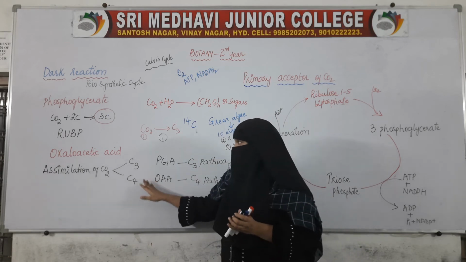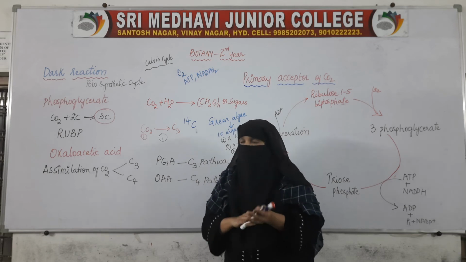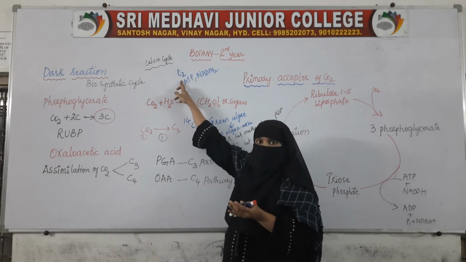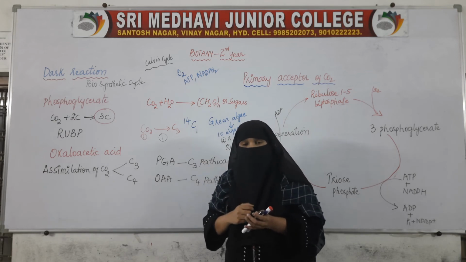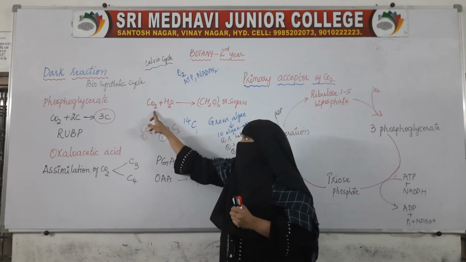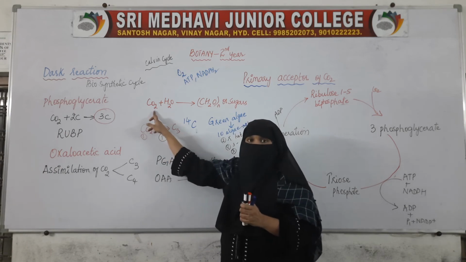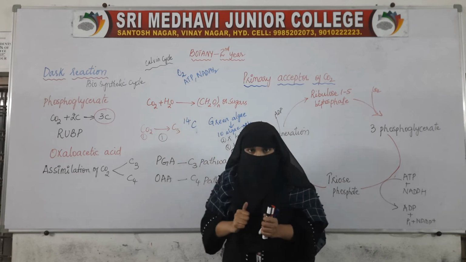Now, what they did till now: the dark reaction takes place with the help of ATP and NADPH2. With carbon dioxide combining with water, carbohydrate is formed.